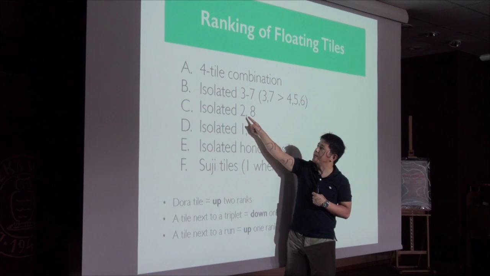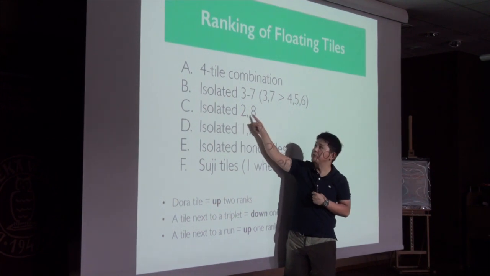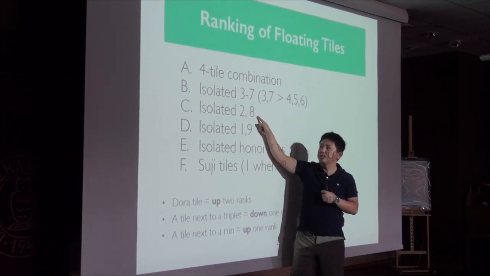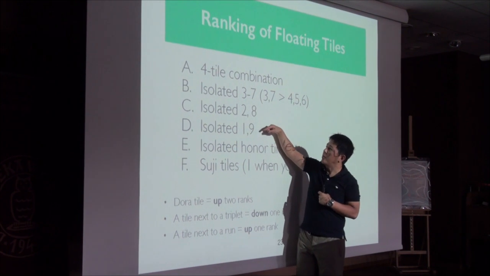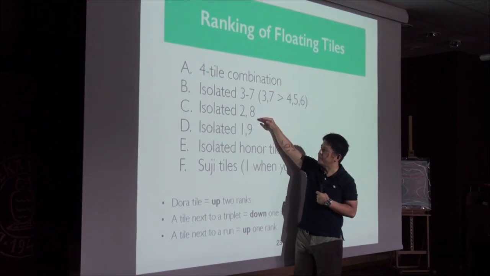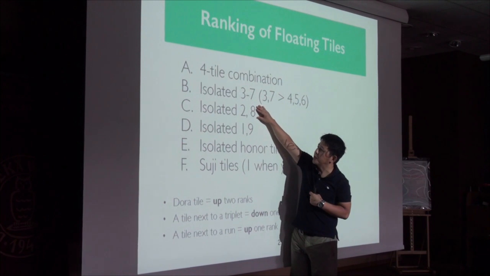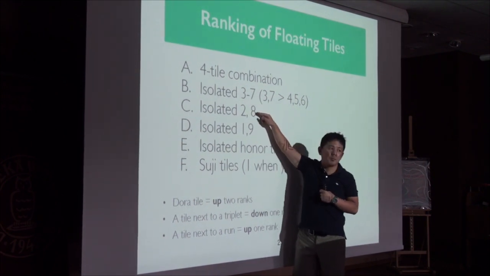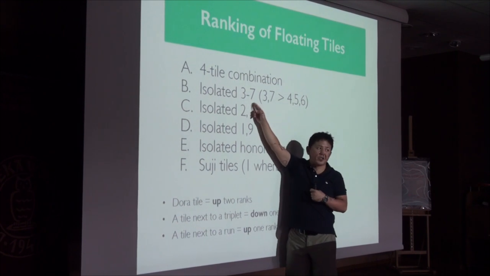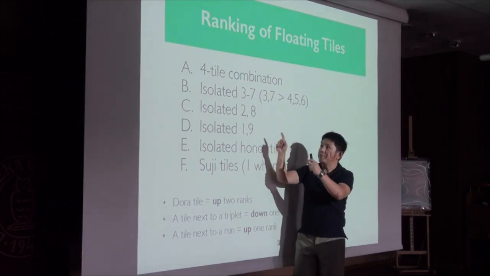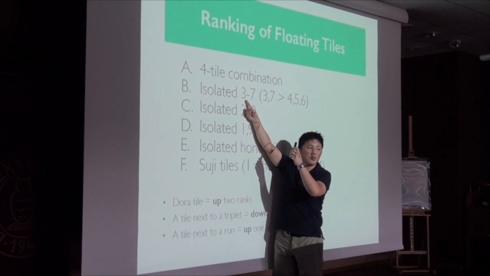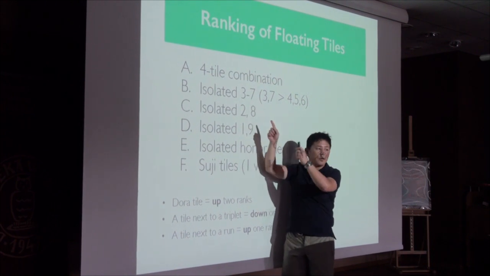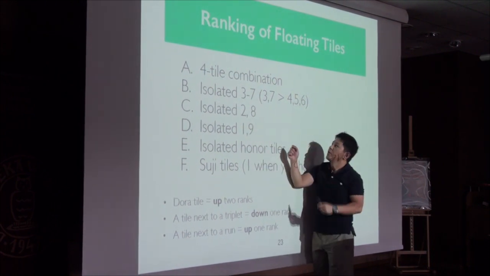But if we draw 1, it will become edge weight. If we draw 9, it will become edge weight. So there are more chances for this to become a side weight compared with this, but 3 and 7 are better than 2 and 8 because these can become a side weight proton with 2 kinds of tiles, right? For 3, 2 and 4, right? For 4, 3 and 5, right?